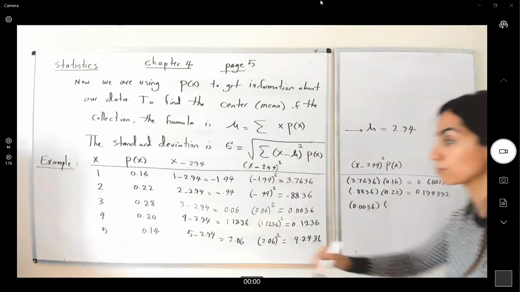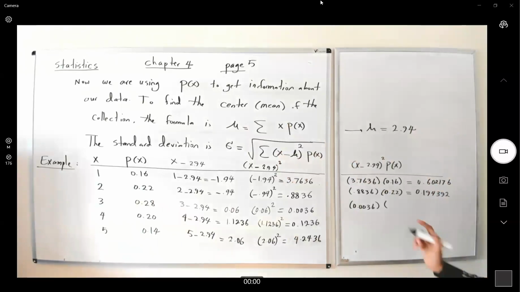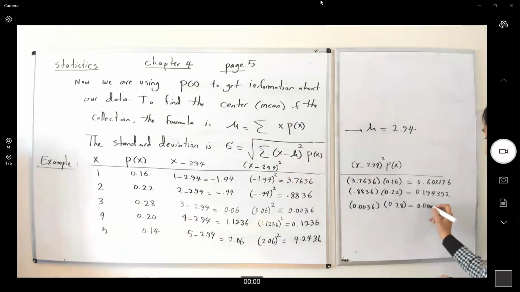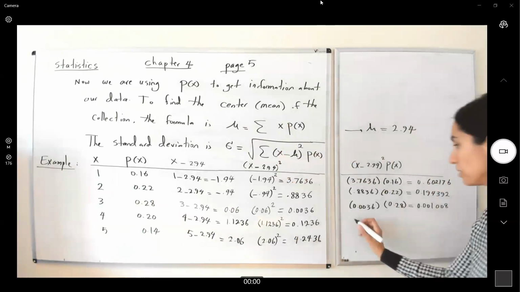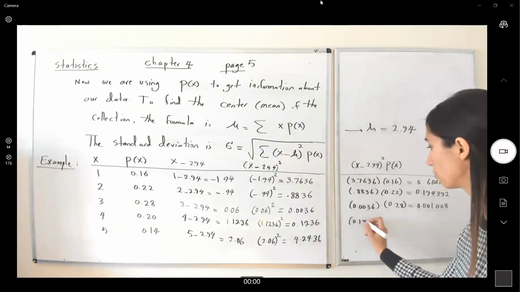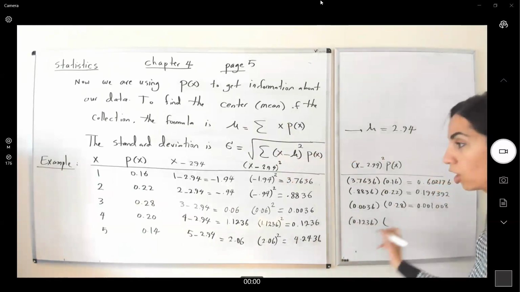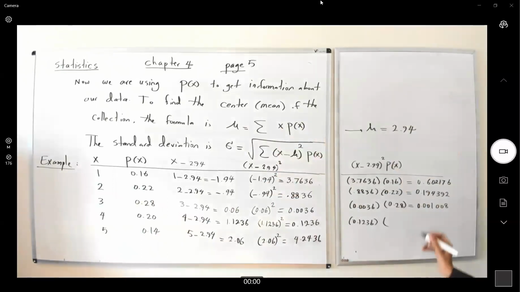Next number, 0.0036 times its probability, which is 0.28. It's equal to 0.001008. And next number, this is 1.1236 times the probability, which is 20%, 0.20. It gives you 0.2247.